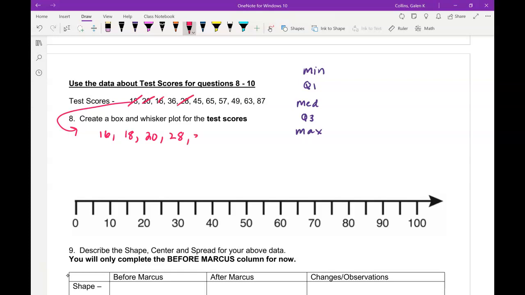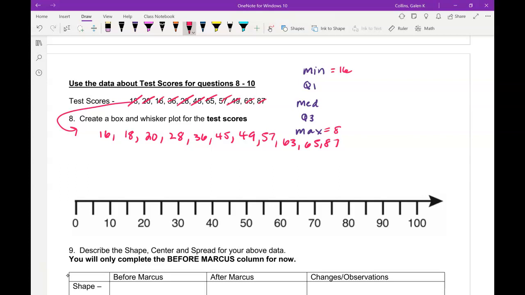Then let's see, 36, 45, 49, 57, 63, 65, 87.